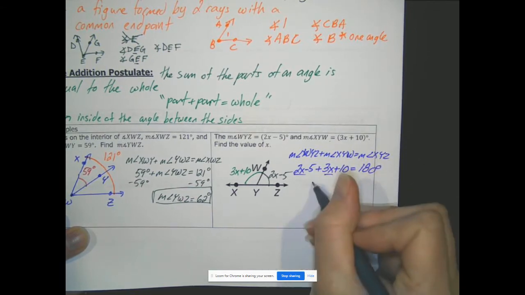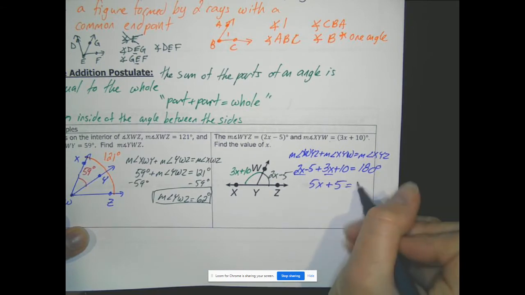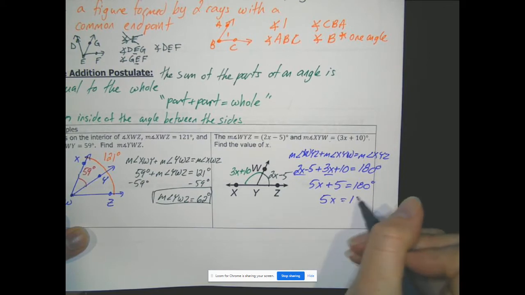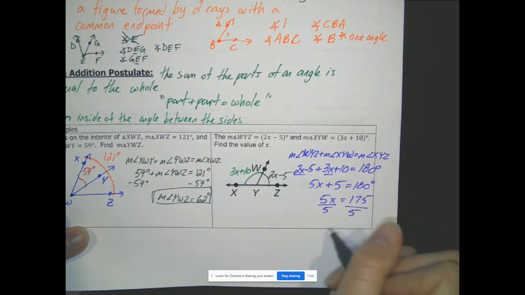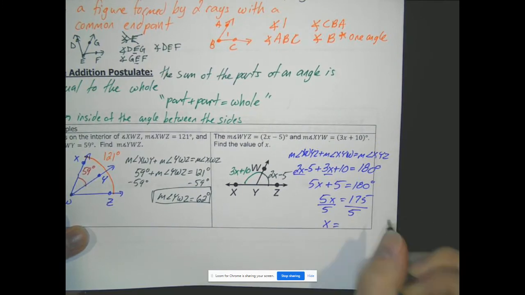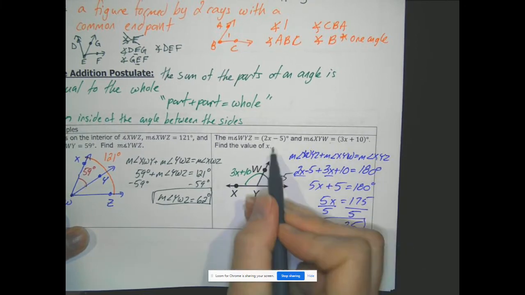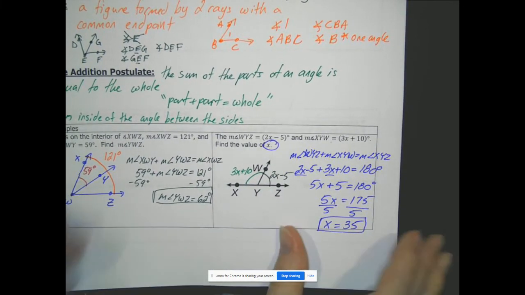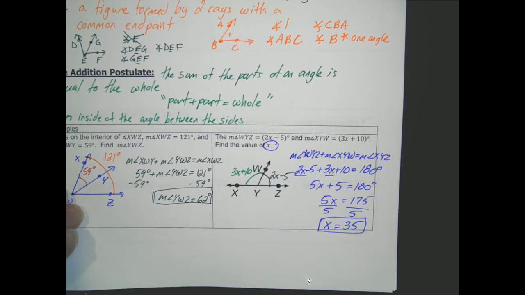I add this. This is 5x, negative 5 plus 10 is 5, is equal to 180. 5x is equal to 175. Divide by 5, divide by 5. X is equal to 35. It's not 35 degrees, it's just 35. Make sure that you answer the question. The question was just to find X. I found X. Okay.